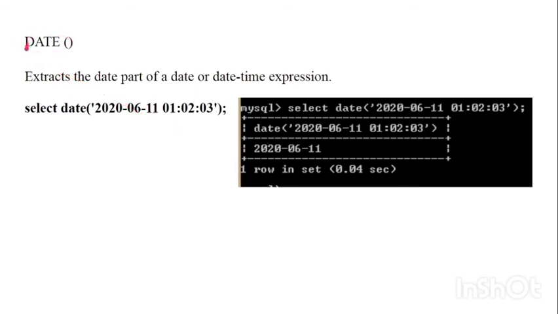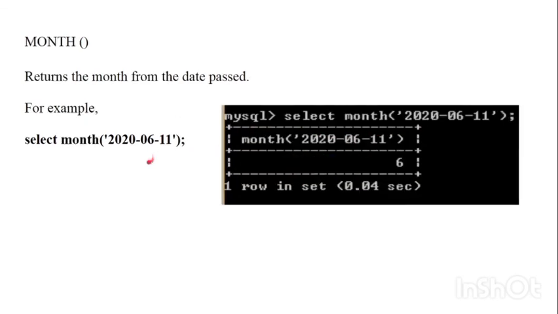Now the date function. Date function extracts the date part of a date or date time expression. In a date and time expression, this date function will extract only the date part. Next is month function.